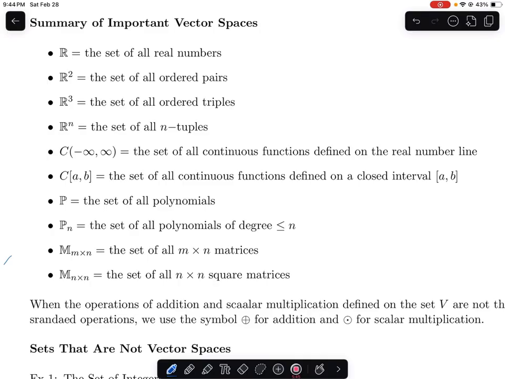That set is also a vector space. Like we saw, P sub 2 is a vector space, and P sub 3 is a vector space. P sub 3 will be all the polynomials of degree 3 and less.